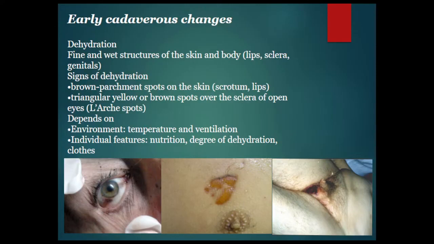So if police found a dead body and appointed you as the forensic expert and you see Larcher spots, you could conclude that the eyes of the cadaver were open for at least a few hours after the death.